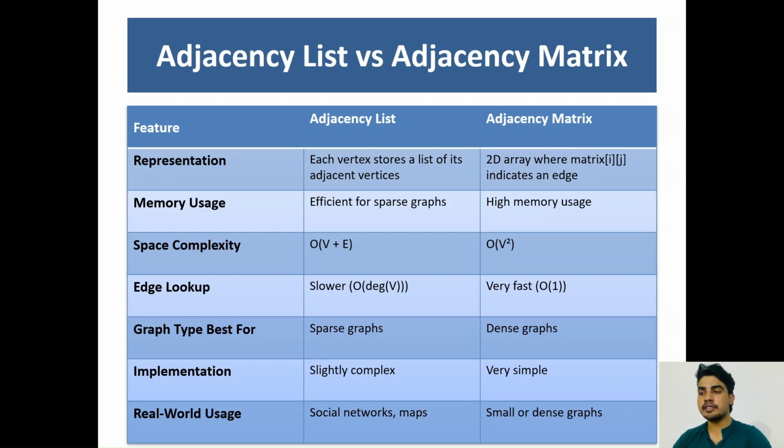Adjacency lists are widely used in real-world systems like social networks and maps where graphs are large and sparse. Adjacency matrices are usually used for small or dense graphs or in cases where fast edge lookup is required. So overall, adjacency lists are more memory efficient and practical while adjacency matrices are simpler but memory heavy.